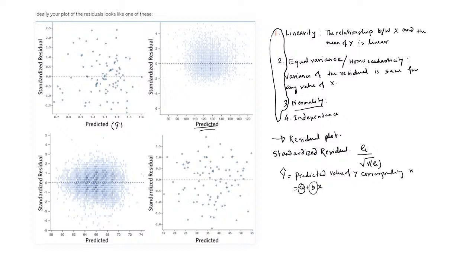That means there are pretty symmetric distributions.